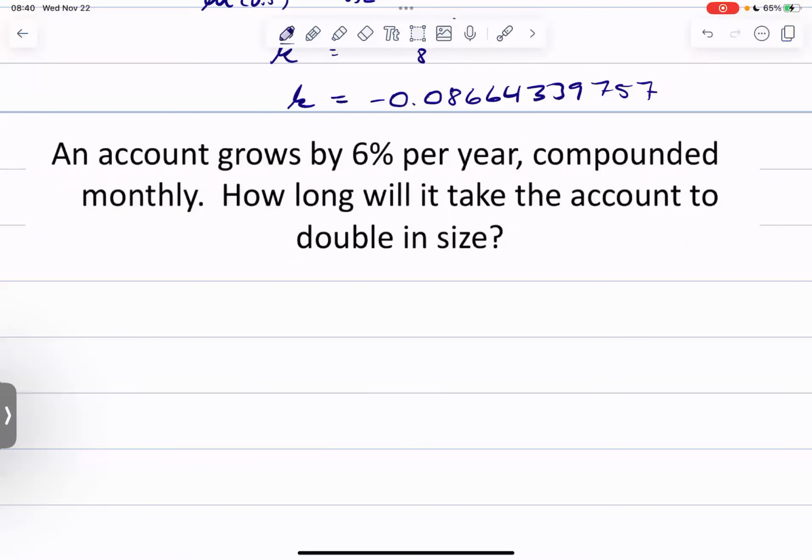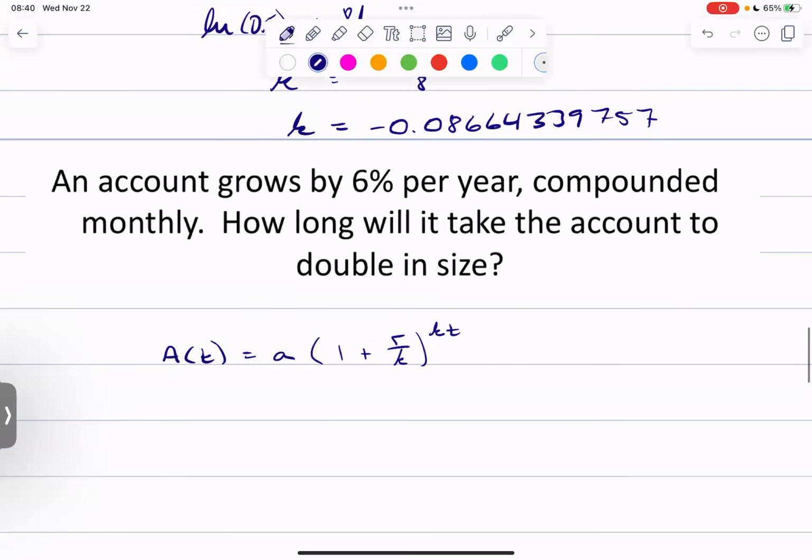Okay, the account at time t is going to be the principal amount A times 1 plus R over, were we using K? Which is kind of confusing. Where K is now the compoundings per year.